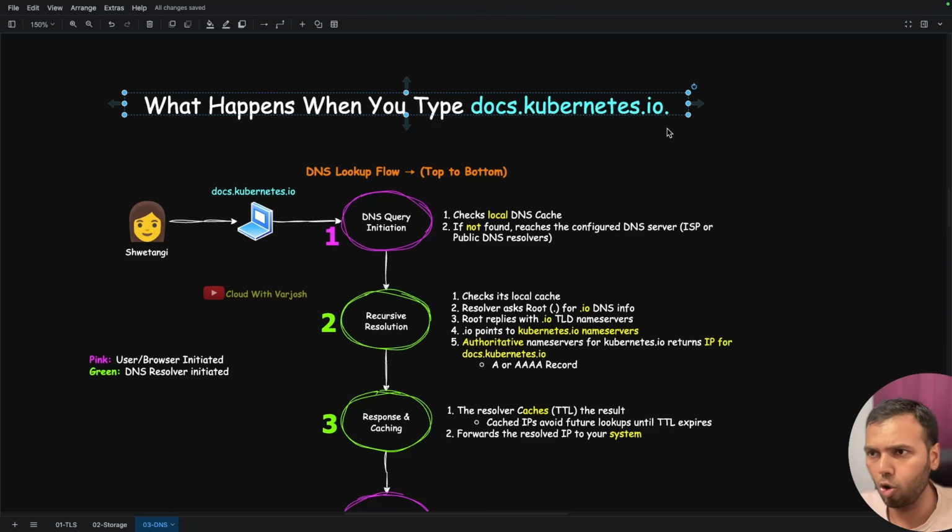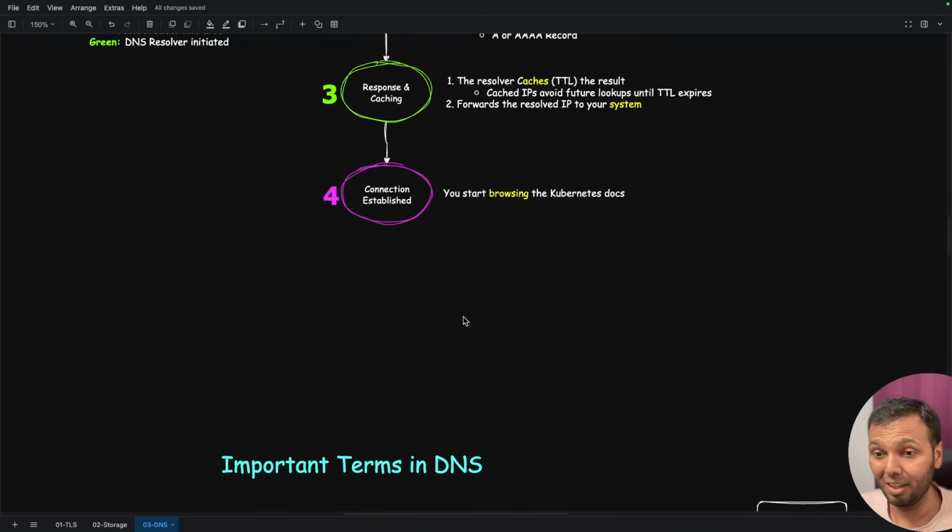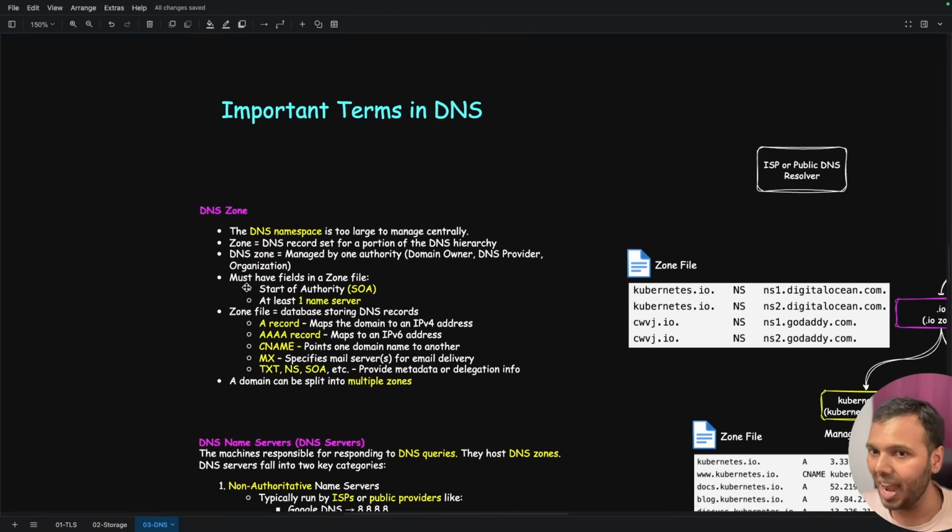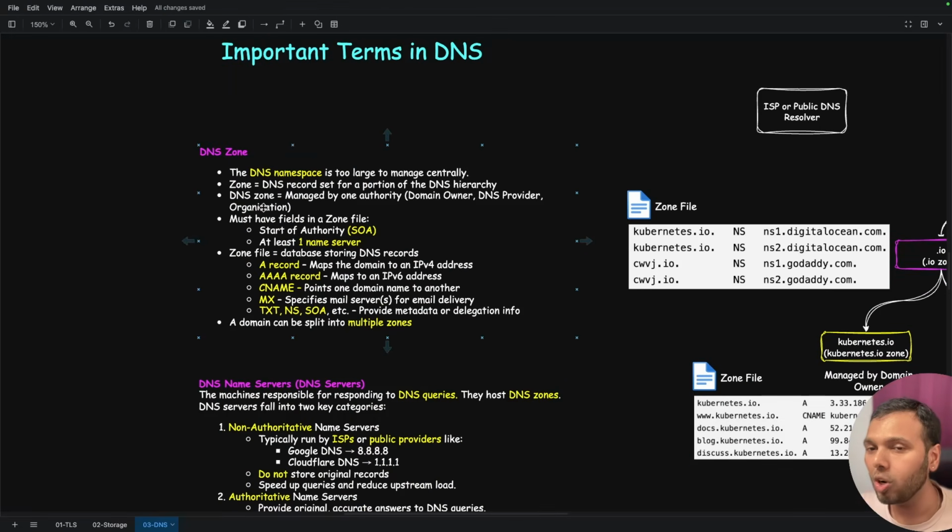Similarly, if you have .com TLD, .org TLD, they all will have their own respective DNS zone. Similarly, kubernetes.io will also have its own respective DNS zone. So again, I will read the definition. Zone is equal to a DNS record set for a portion of the DNS hierarchy.